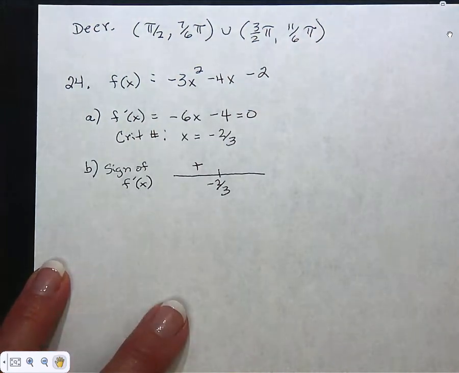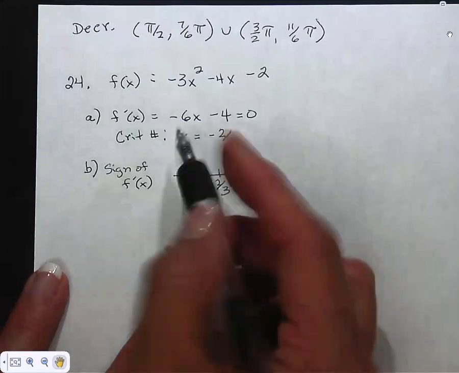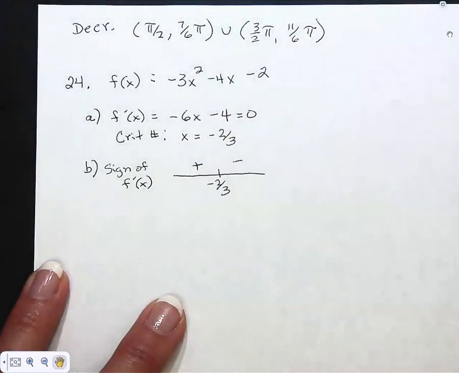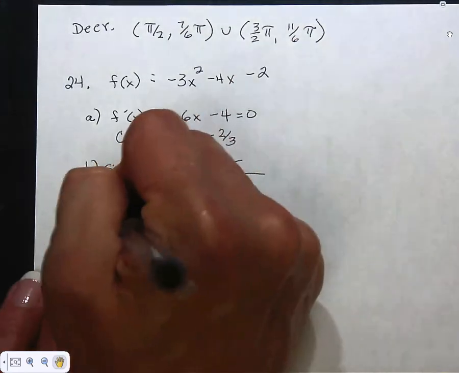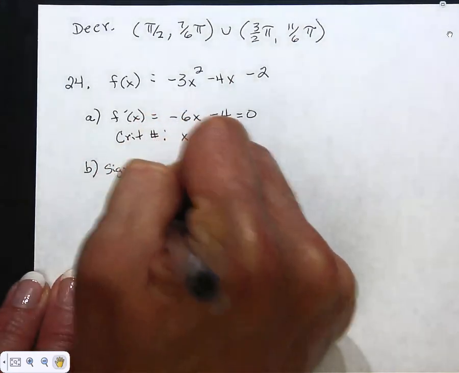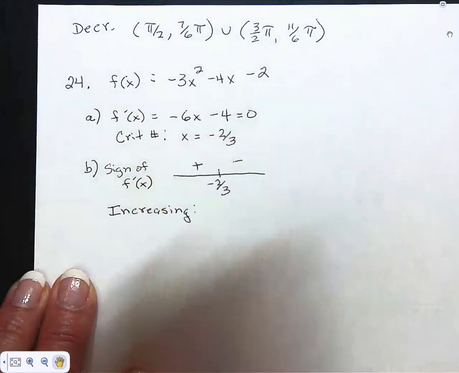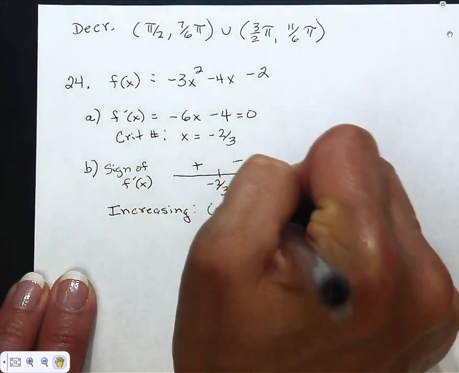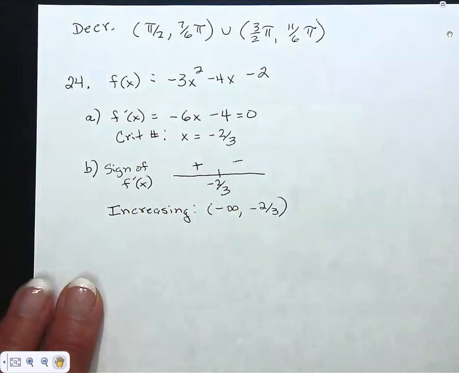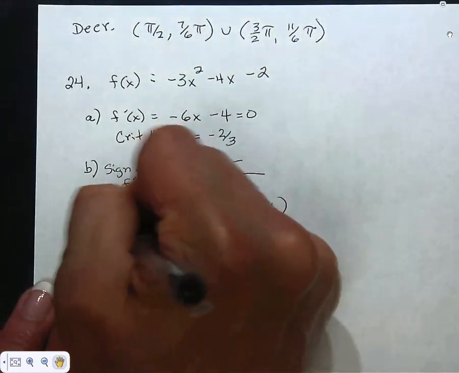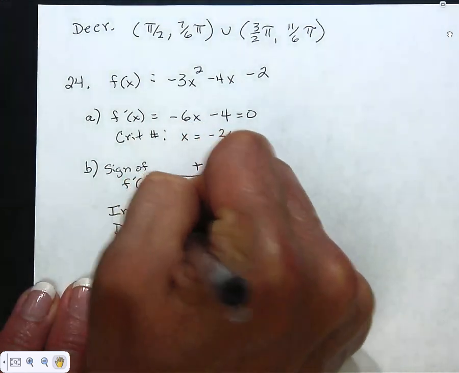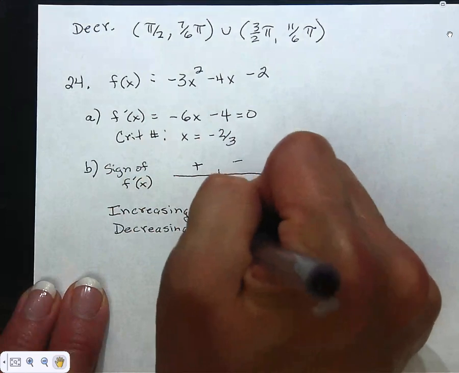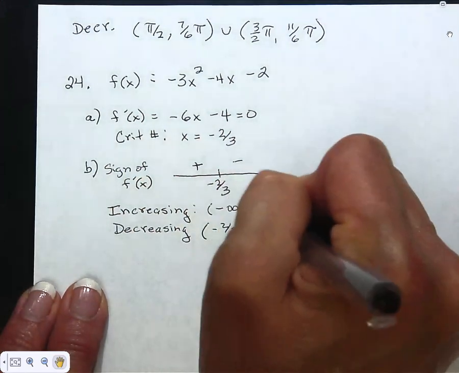Favorite number to the right of -2/3? 0. If x is 0, the derivative is negative. So where is the function increasing? -infinity to -2/3. And where is it decreasing? -2/3 to infinity.